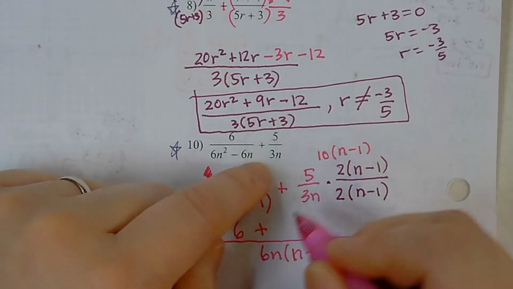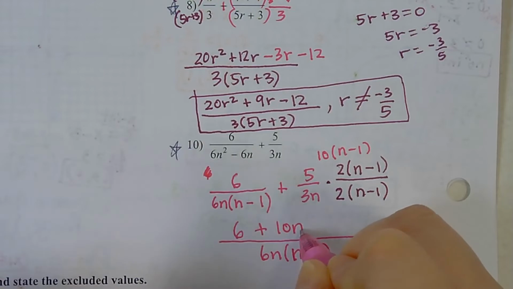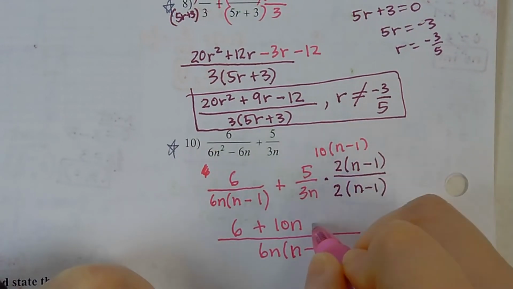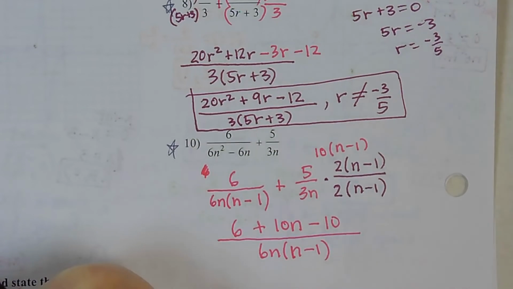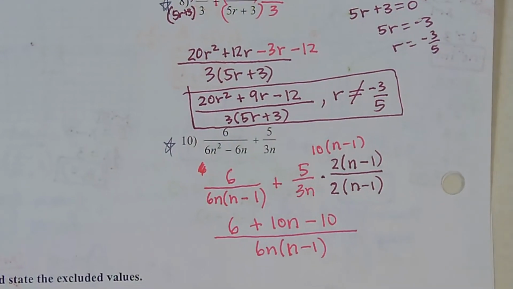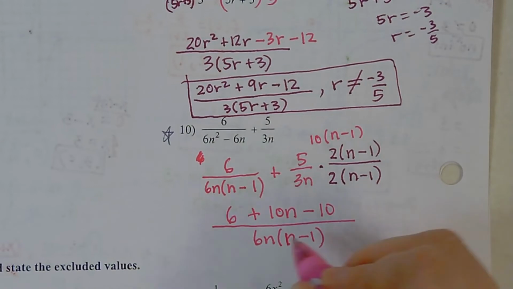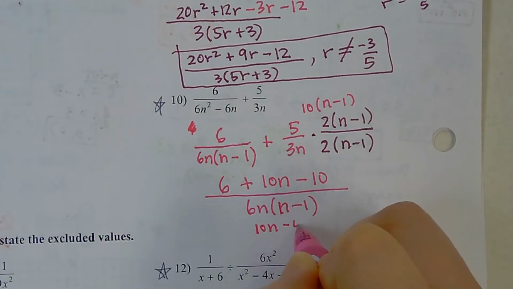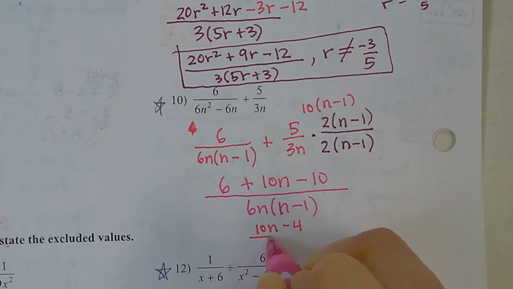So 10 times n, which is 10n. And then 10 times 1, so that's minus 10. All right, and we can simplify that down. That's just going to be 10n minus 4, because 6 minus 10 is minus 4, over 6n times n minus 1.